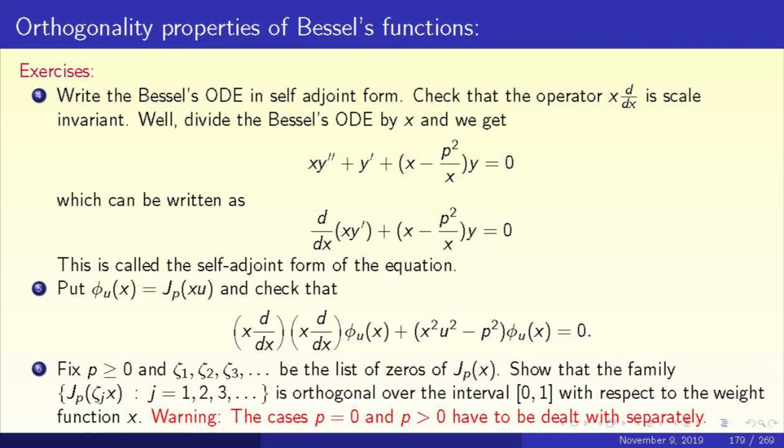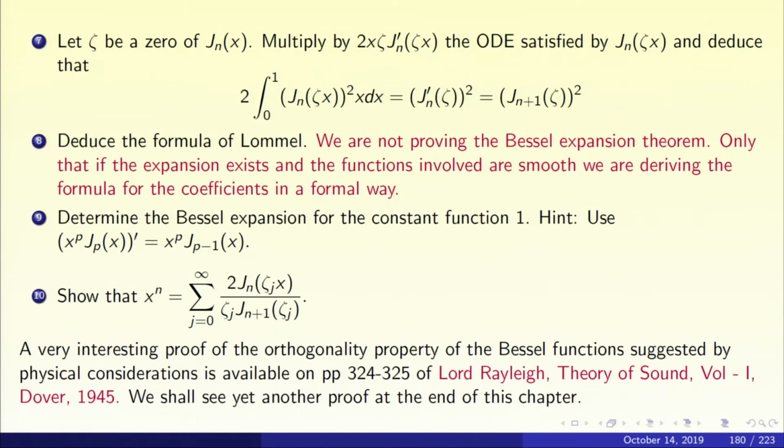So, you see what we have seen is that the vibration problem has led us naturally to an orthogonal family of functions on the closed interval 0, 1 with a certain weighting function x. This is how orthogonal functions appear naturally in physics and analysis. Here are some more exercises on the zeros of Bessel's functions.